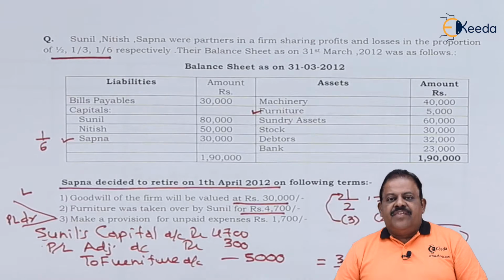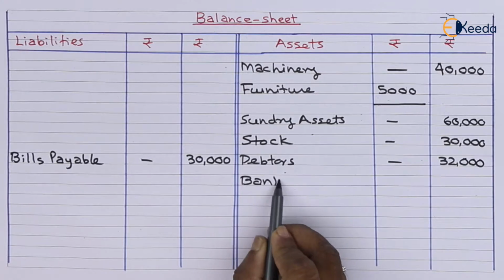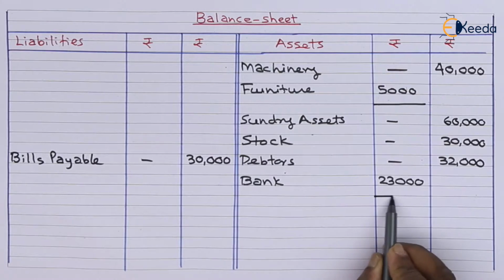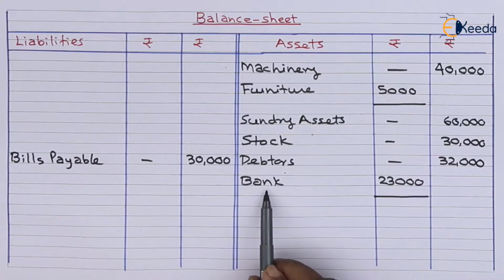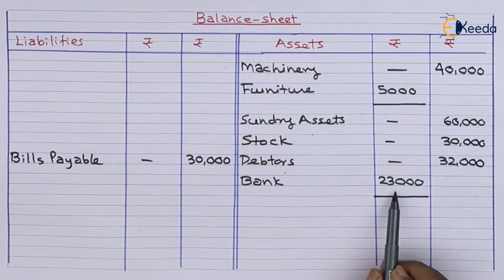Bank balance 23,000, there is an adjustment, so inner column 23,000. We have recorded items of liabilities and assets.